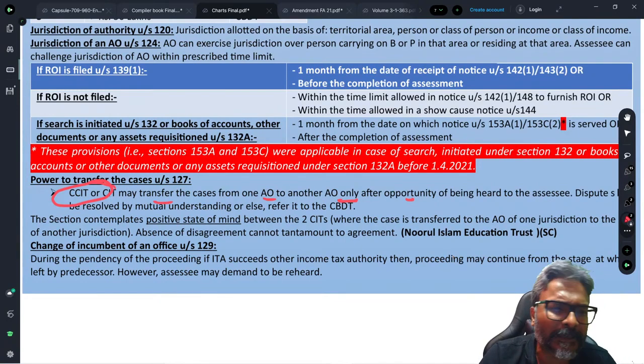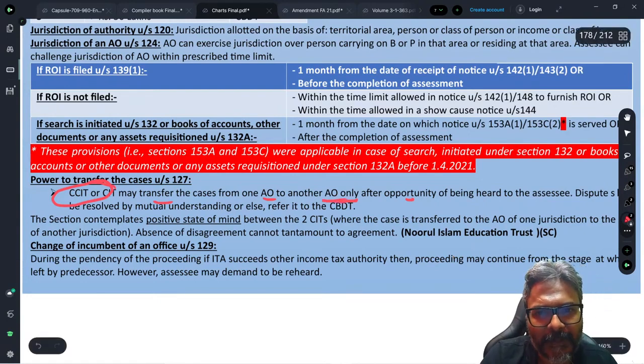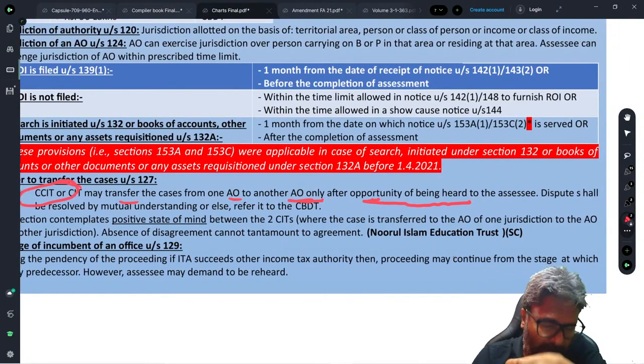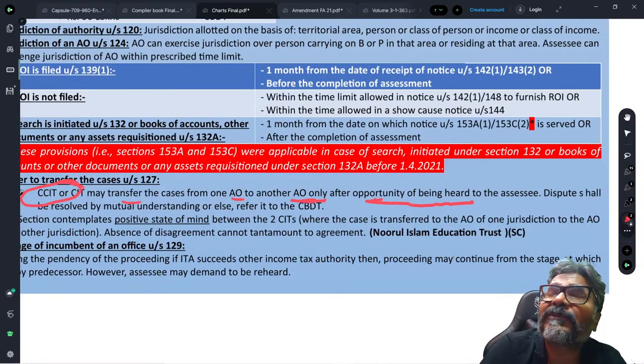Did you all get this one? And that exactly is the point. Only after the opportunity of being heard has been given to the SSC, if the AO to whom the case is transferred is from another city.